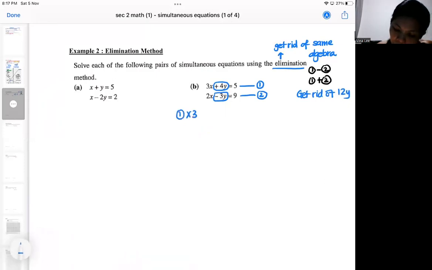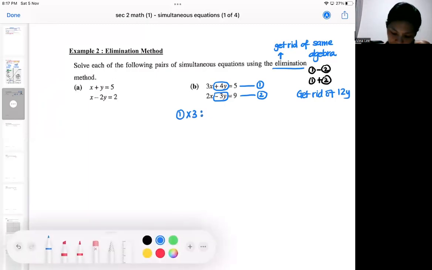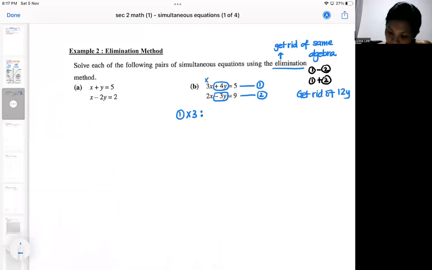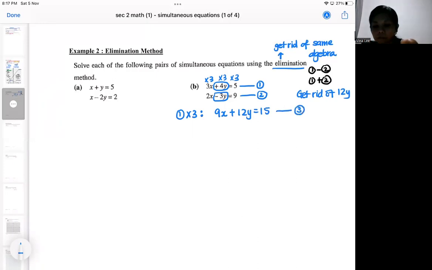So you tell people what you are doing. So equation 1 multiplied by 3, what does that mean? Means that times 3 times 3 times 3. So you get 9x plus 12y. That becomes a brand new equation. So I'm going to multiply the second equation by 4.